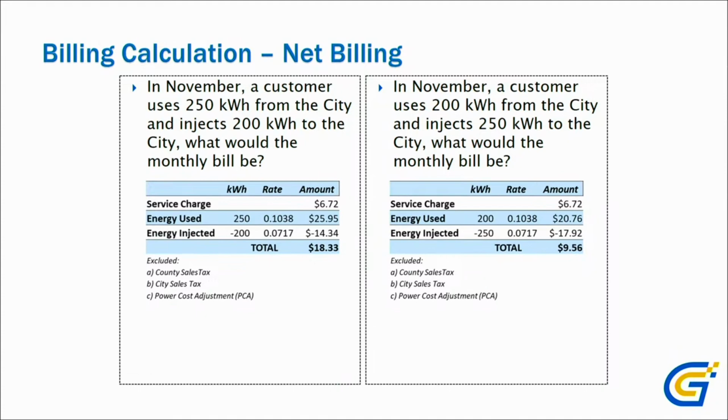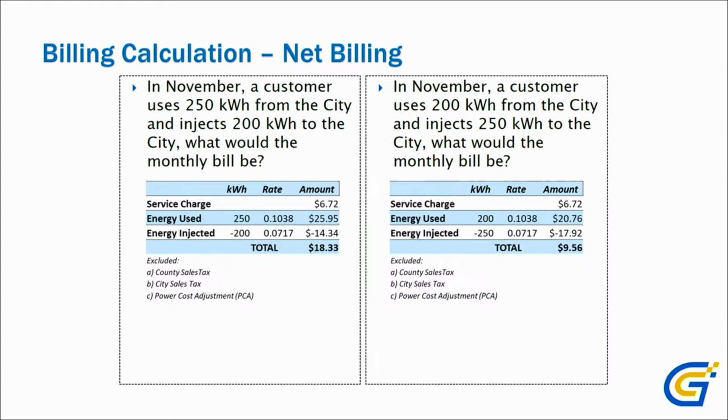Service charge is $6.72, energy used 250, then it's multiplied times the retail rate and comes out to $25.95. The energy that is produced or injected to the grid, minus 200 times 0.0717, comes to minus 14.34. If you add the numbers, you come out with a bill of 18.33. It does not include taxes or PCA.